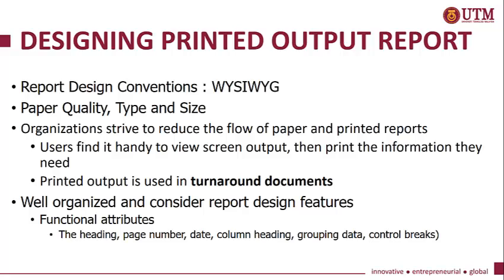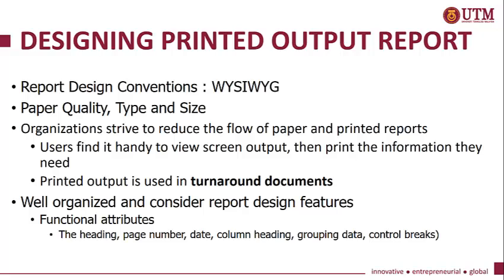To produce a well organized report, we need to consider the design features that you need to include in your printed report. The features that you need to consider are, for example, the heading or title of the report, the page number, the page header and footer, the date of preparation, the column heading, column alignment, and column spacing, and the grouping of related data items.